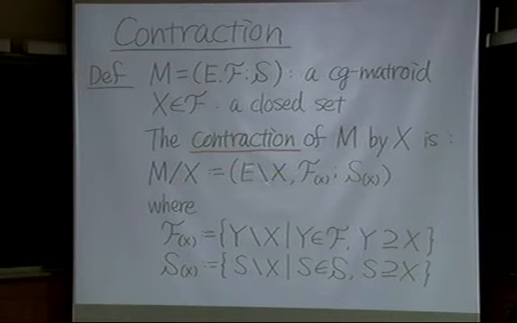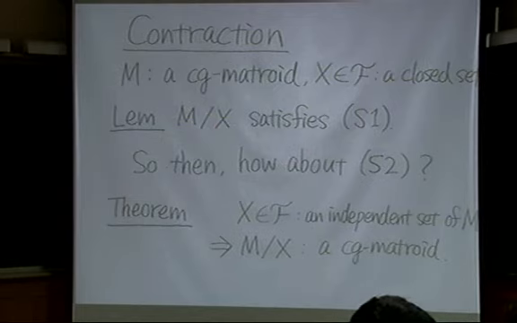The ground set is E minus X, and F_X is defined to be the family of Y minus X, where Y is a closed set that contains X, and S_X is the family of S minus X, where S is a spanning set that contains X. Then we can check that the contraction satisfies the first property of the induction. So then how about the reduction property?